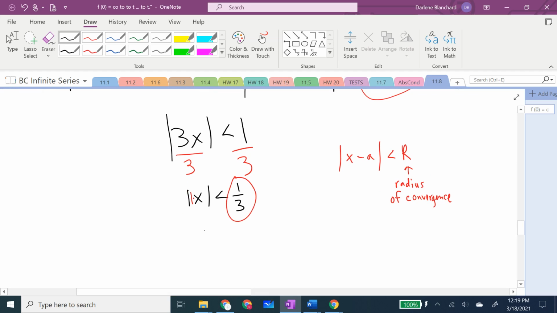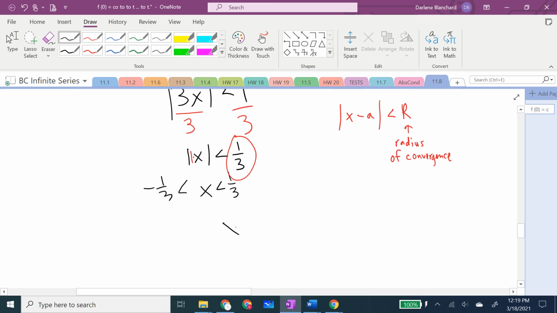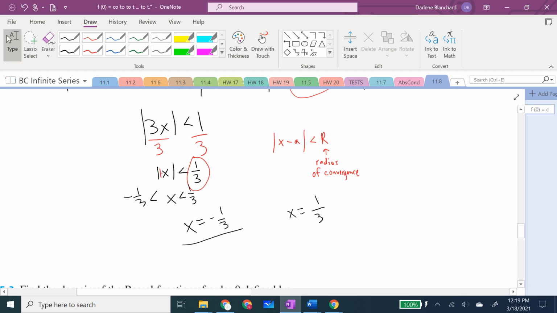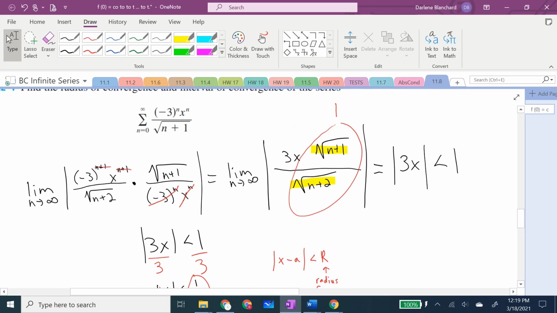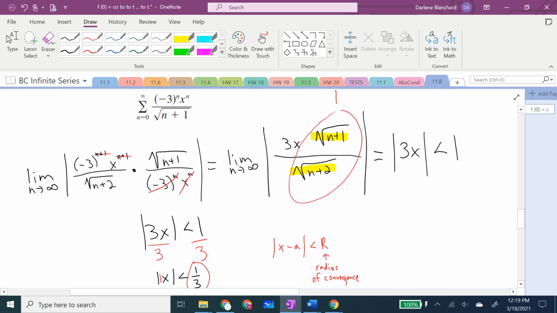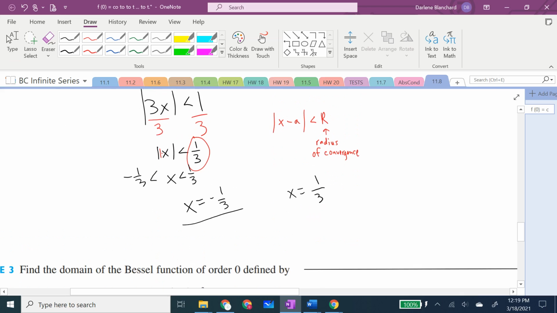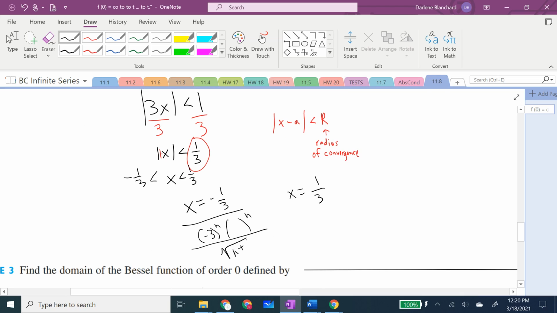At this point, I have that x is between these, and now I have to plug them in. And I need to go back over to the formula. -3 to the n, -3 to the n, square root n plus 1.